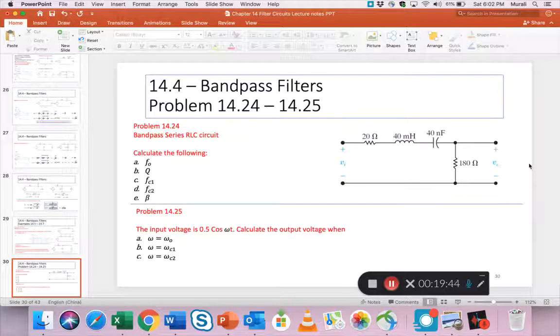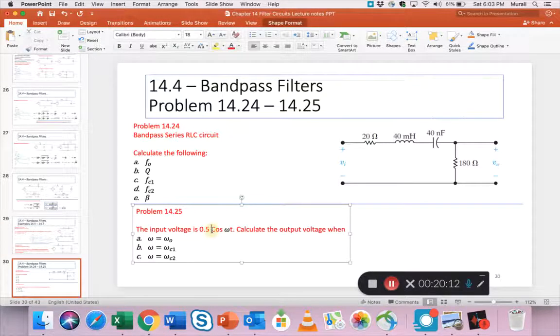Both these problems have to do with the same bandpass filter, and they do have a 20 ohm series resistance or source resistance, as you can see. So nothing new here, at least not in the first part. But the second part may be a little more interesting because we are given an input voltage as a cosine function, 0.5 cos omega t, and we have to find an output function.